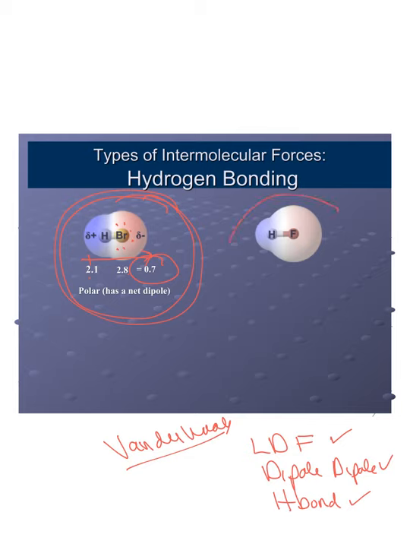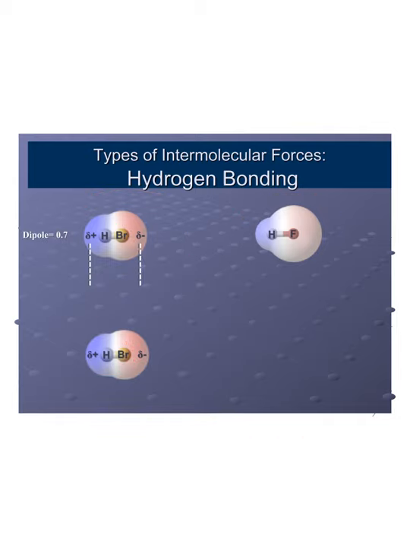But we're going to see hydrogen fluoride is an extreme condition, so let's look. Here in hydrogen bromide, I have a dipole of 0.7. This is the difference between those.